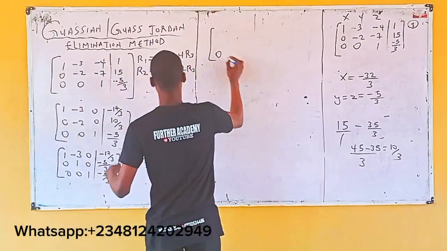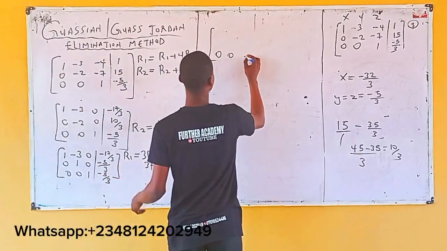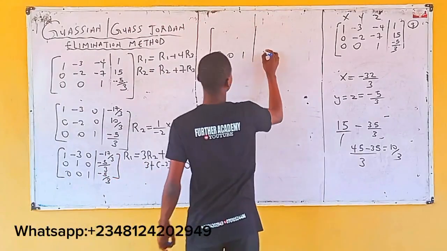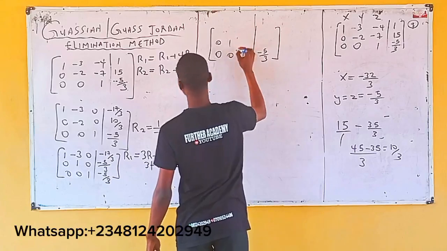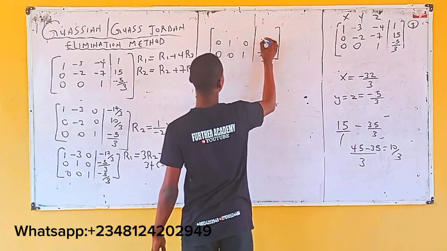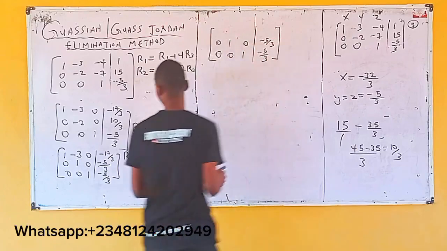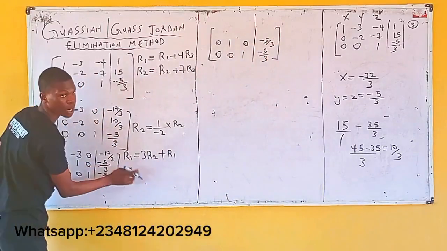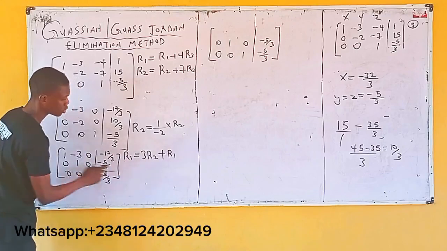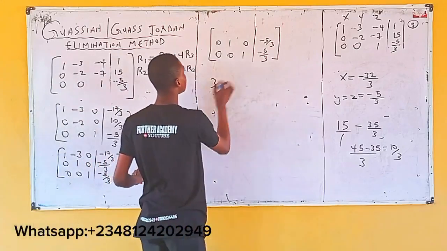Now from here, let's do this. Meaning we have 0, 1, -5/3, 0, 1, 0, -5/3. Now let's solve our new row 1. Solving my new row 1, I have 3 all into brackets.